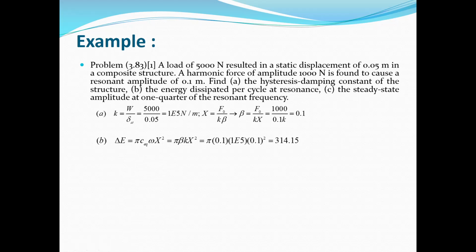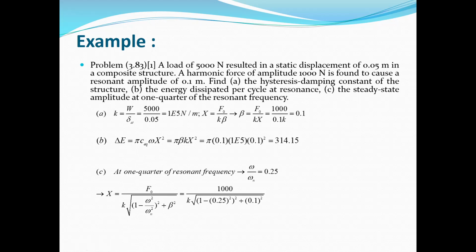So we can find the energy dissipated in each cycle. Finally, for the steady state amplitude at 1/4 of the resonant frequency, the frequency ratio must be 1/4 or 0.25. So we can substitute this frequency ratio and obtain the amplitude of the response.